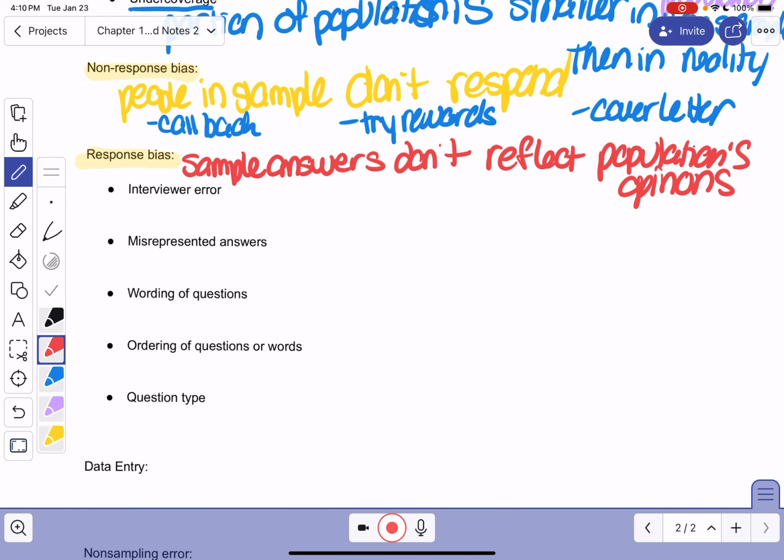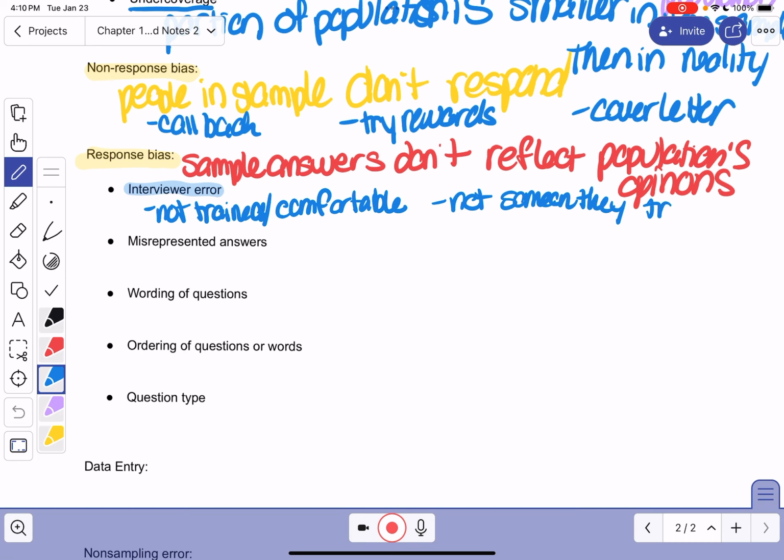This could happen for several reasons. One is interviewer error. So maybe the interviewer is not trained or comfortable. So they ask questions in a funny way, or they're nervous and people are uncomfortable so they don't answer right. Or maybe it's someone they don't trust.